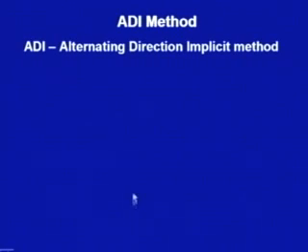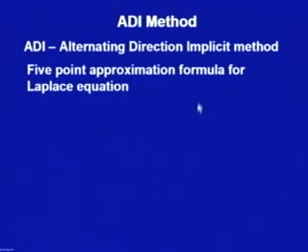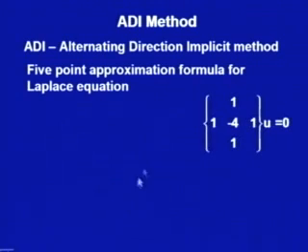ADI stands for alternating direction implicit method. It is not explicit; it is implicit, meaning we have to use iteration, because in both directions we would be getting the unknowns.